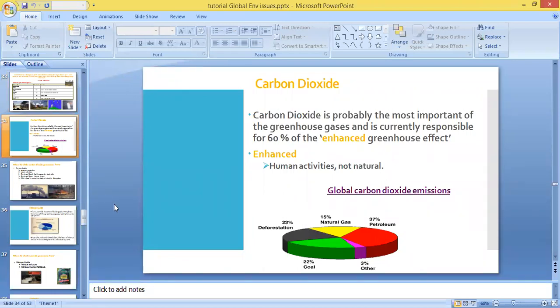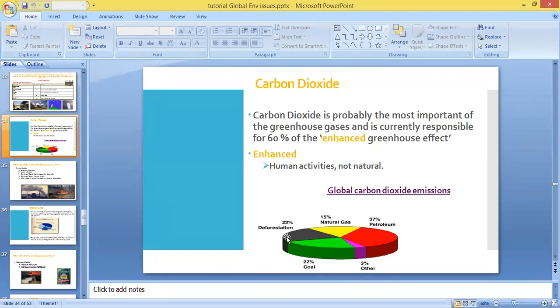Next is carbon dioxide. It is probably the most important of the greenhouse gases and is currently contributing around 50 to 60% of the enhanced greenhouse effect. So out of the total value, 50 to 60% comes from carbon dioxide. Enhanced means due to human activities, which are not natural. The global carbon dioxide emissions chart is given over here.